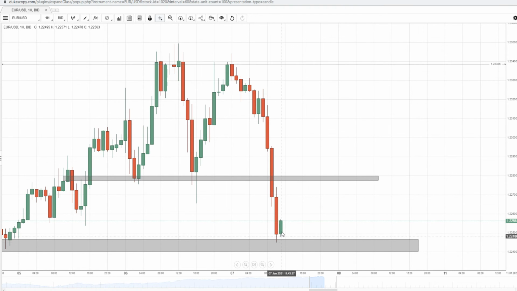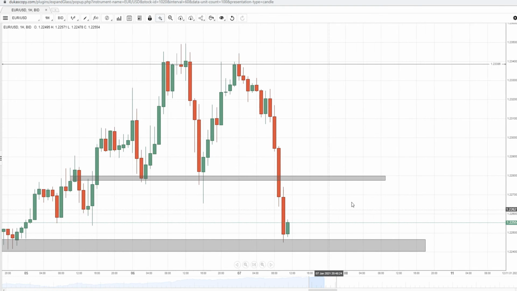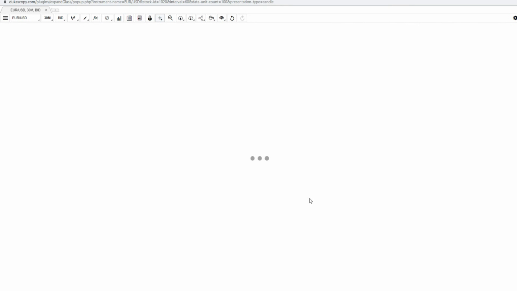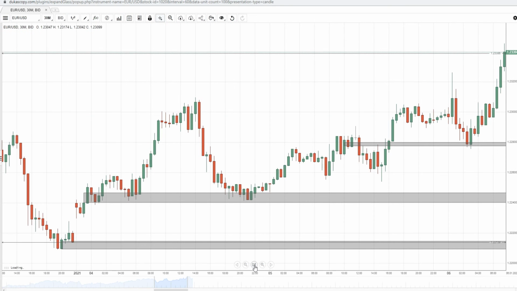Why? Do you see that this is the lowest level and this is a higher low? Then when the next candle opens, you see that it makes a down move and it broke the previous high. Then you know that you can take an entry, push stop loss here, to first target this level. But that is number one. For you to know, I'll go to the 30 minutes time frame. Maybe I see something there.